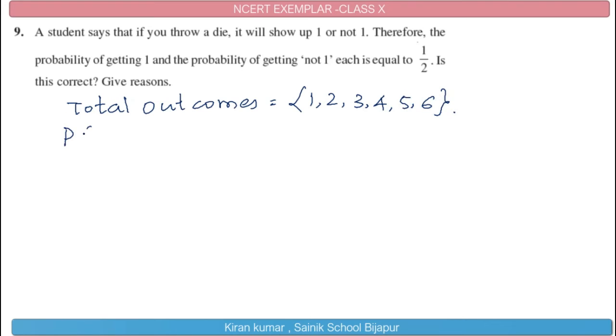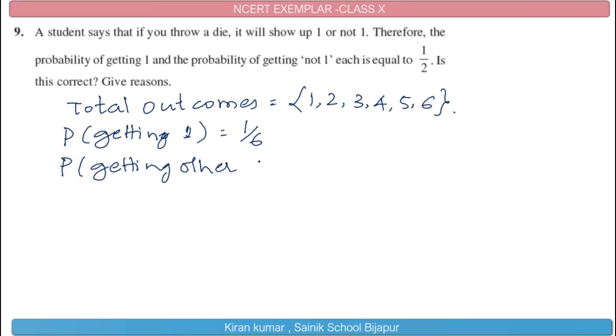So probability of getting 1 will be only 1 chance out of the 6. And the probability of getting other than 1 will be 5 by 6. So they are not equal.